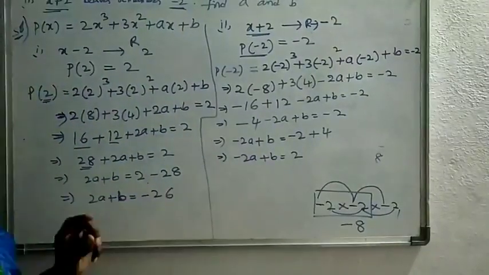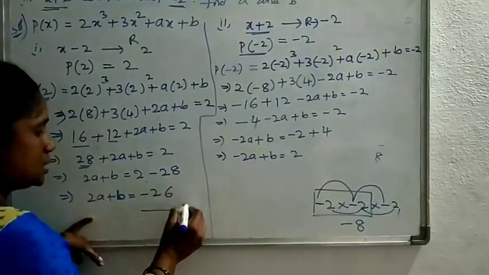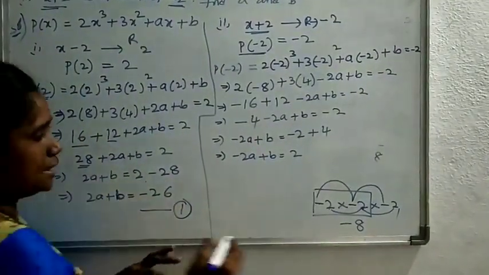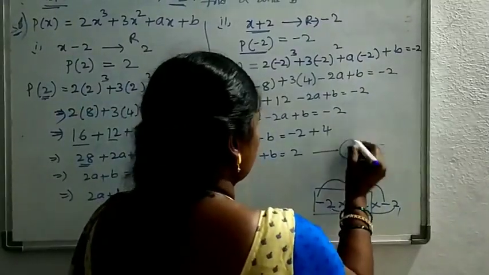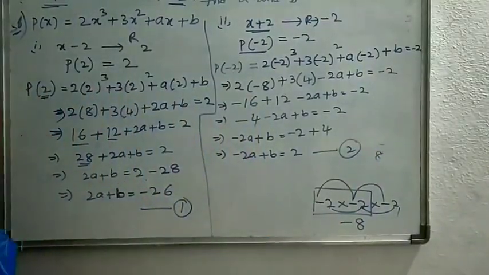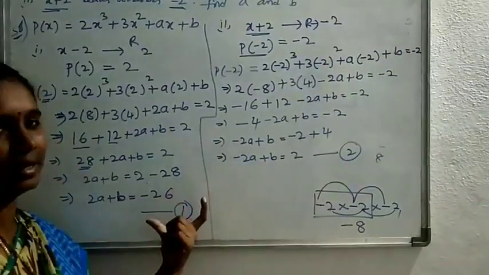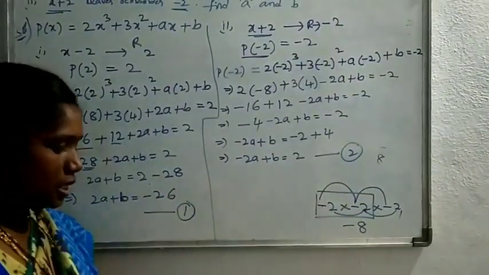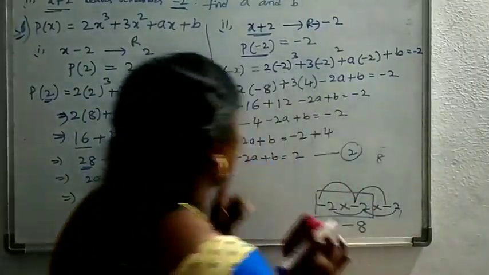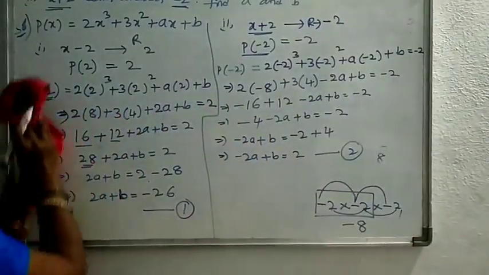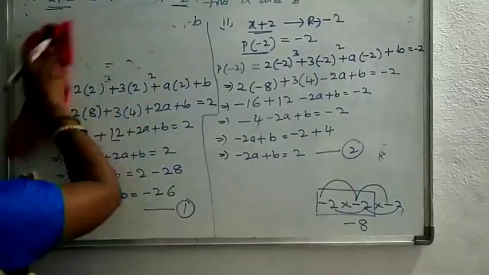We get one more equation. 2a plus b is equal to minus 26 is the first equation and minus 2a plus b is equal to 2 is the second equation. If we solve these two equations, we will get the values of a and b. Okay children? Now we will solve these two equations.